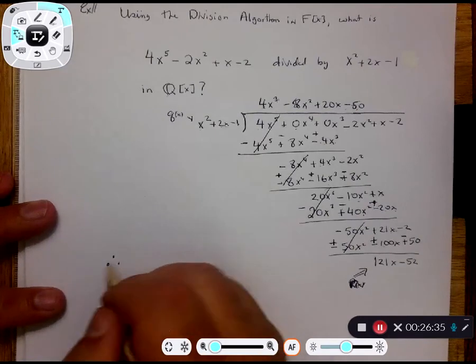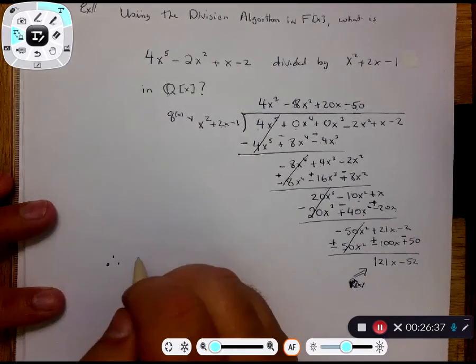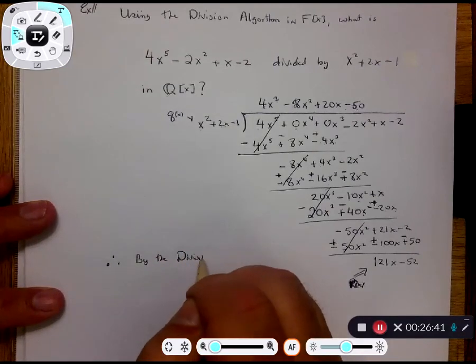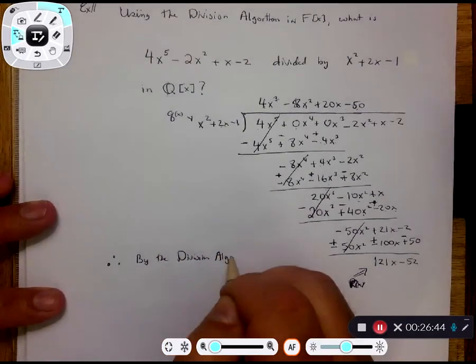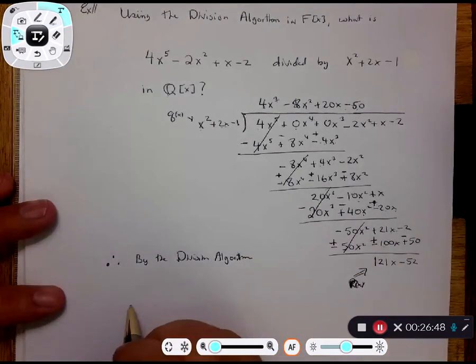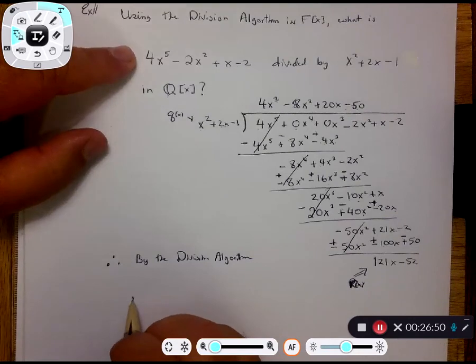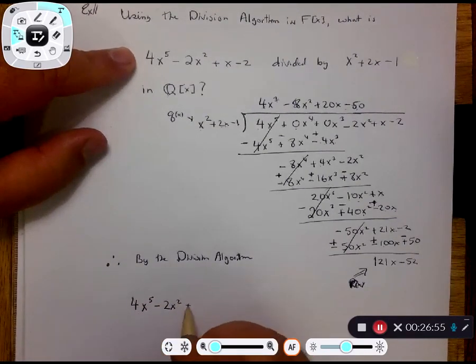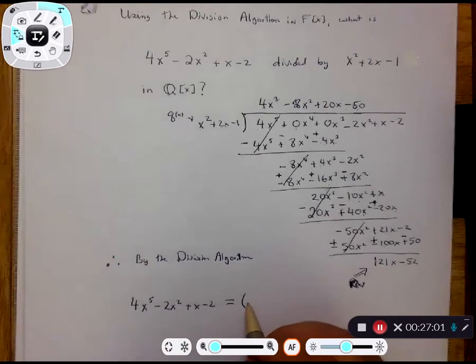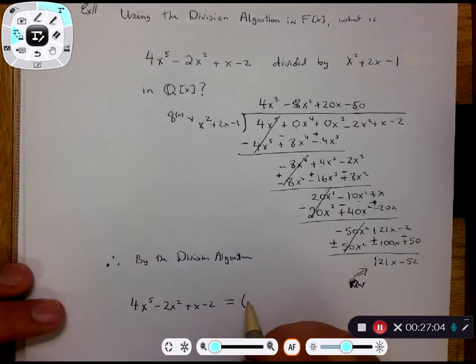Remainder polynomial, quotient polynomial. Therefore, remember 3 dots in triangular fashion means therefore, by the division algorithm, the dividend, which is 4x to the 5th minus 2x squared plus x minus 2, is equal to the divisor, which was x squared plus 2x minus 1.